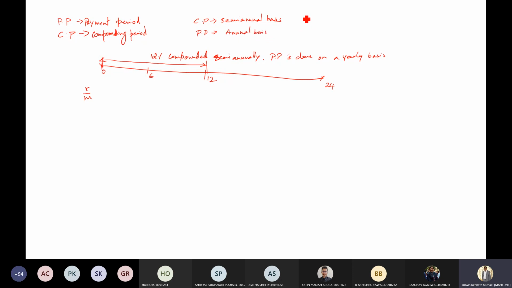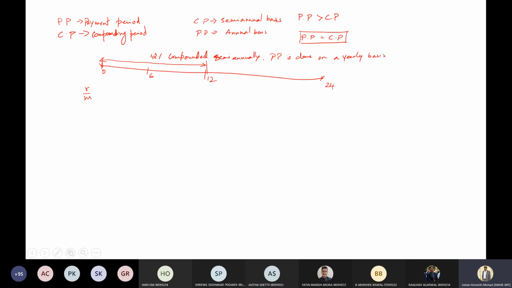But if you see here, your payment period is greater than your compounding period. You need to make the payment period equal to the compounding period. The criterion in nominal and effective interest rate is that your payment period should be equal to the compounding period. In this case, your payment is annual and your compounding period is semi-annual.